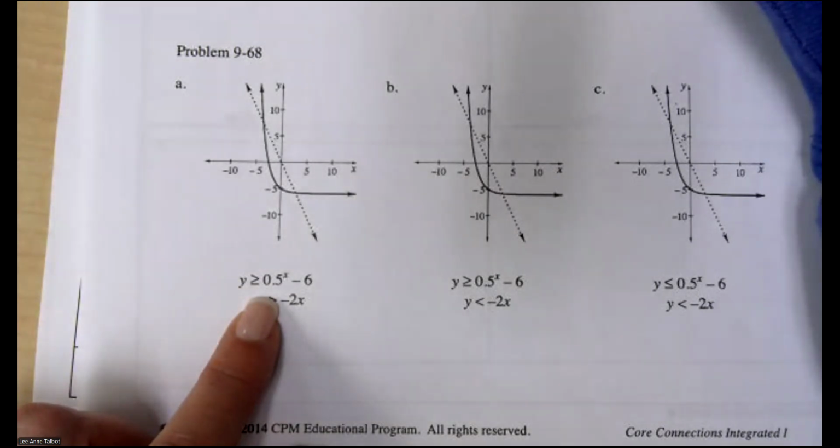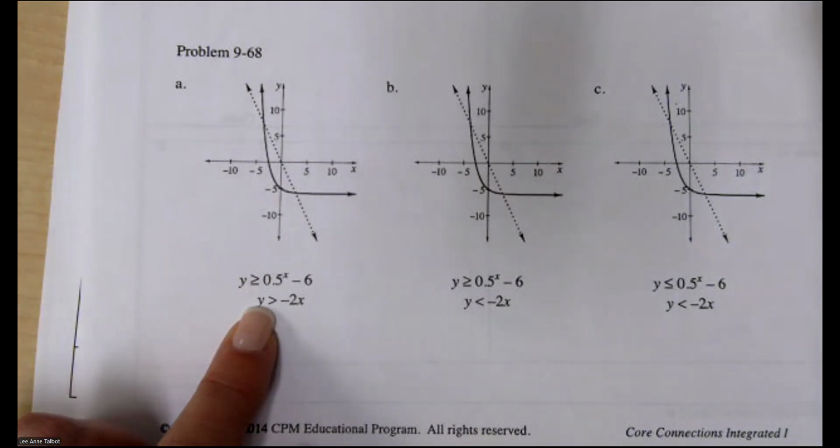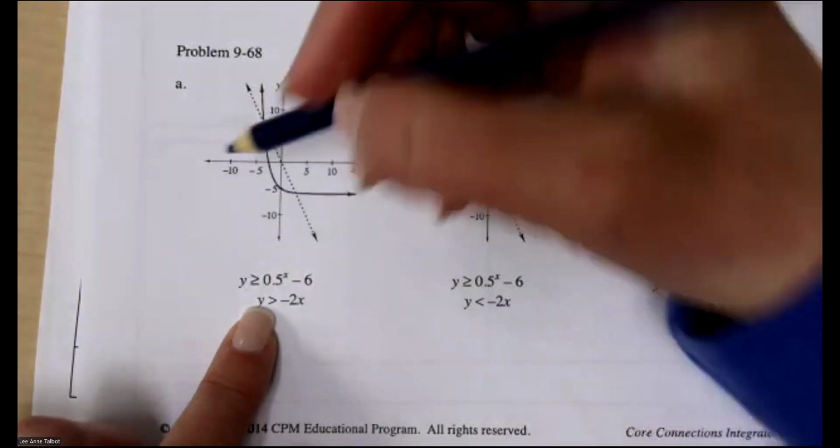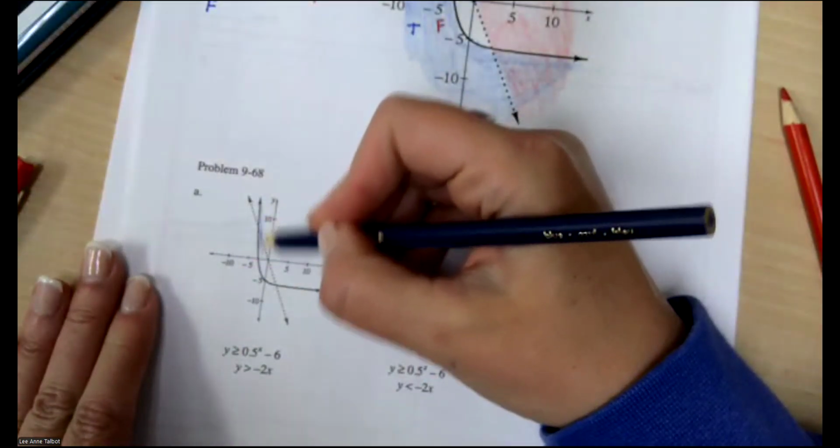Just the curve, right? Okay, so that means we're going to flip the shading on just the curve. So instead of shading over here, we shade here.